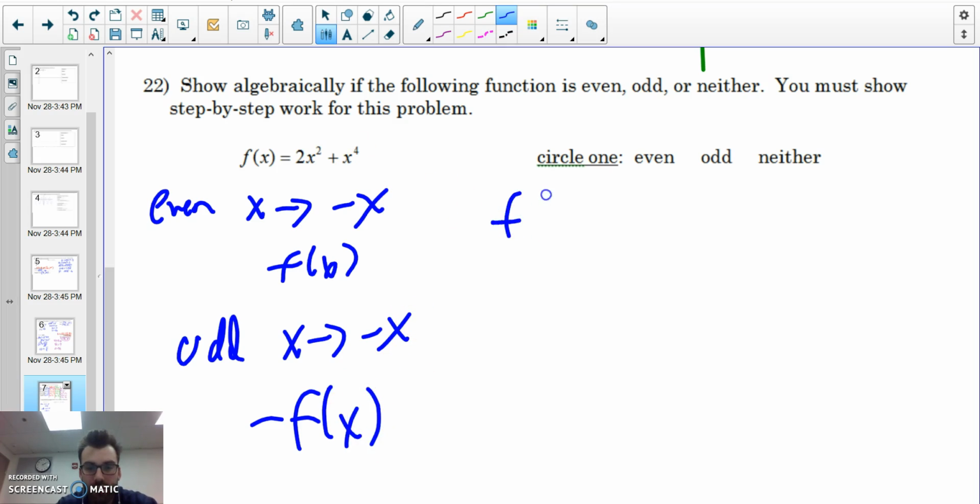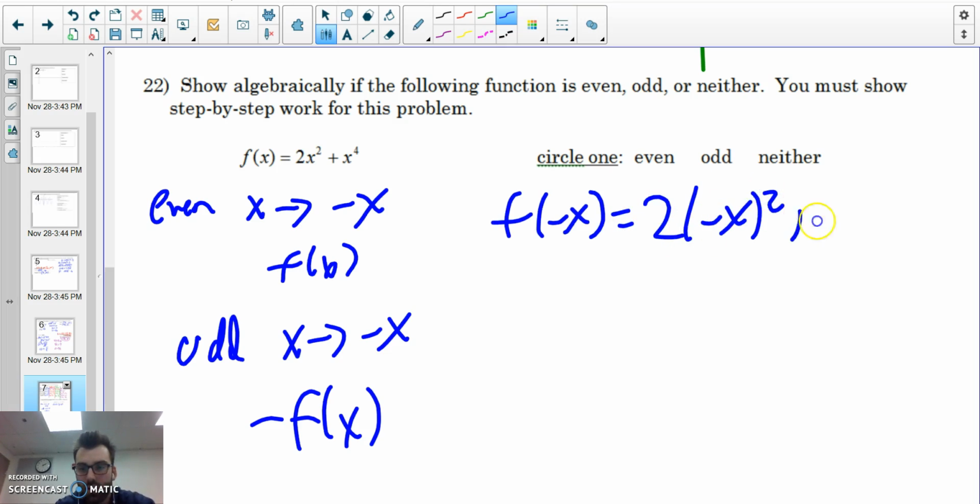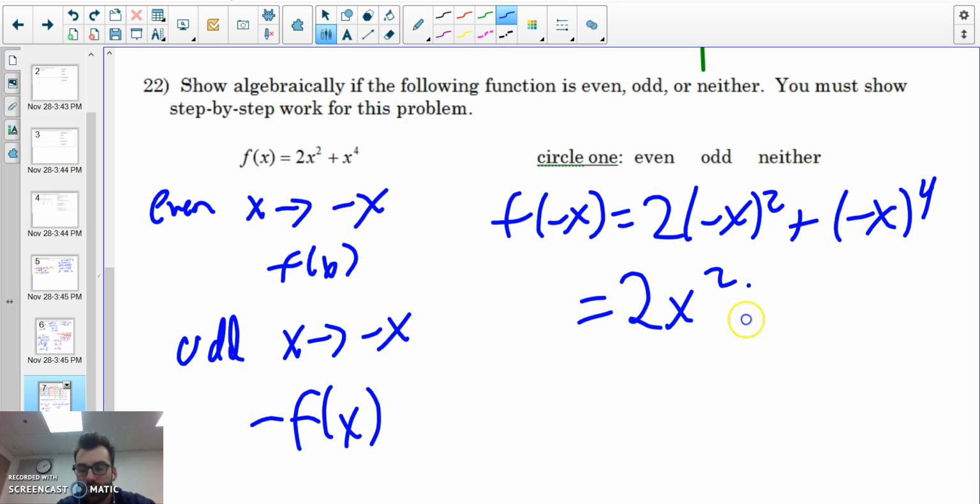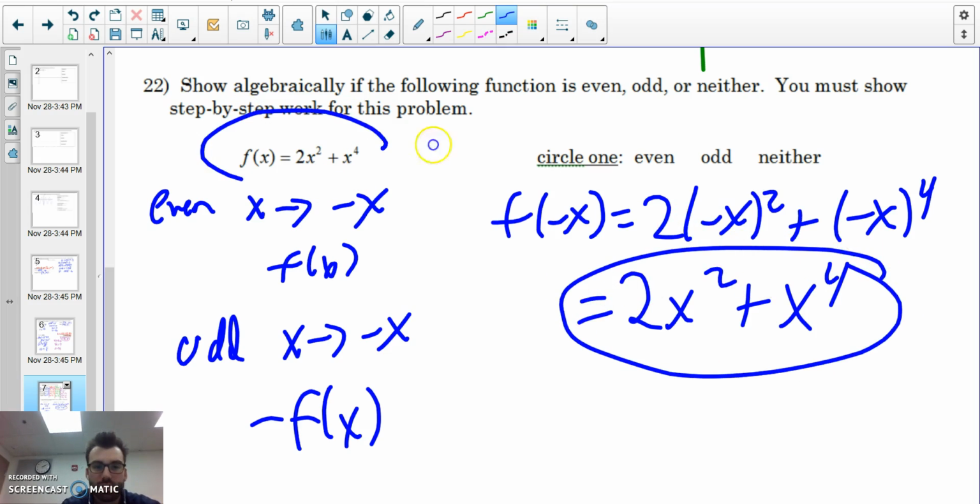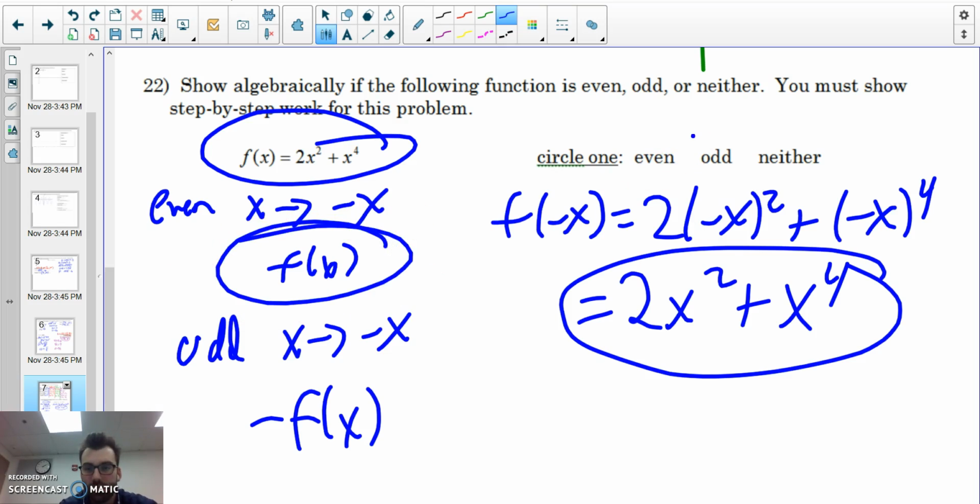So if I take f of -x here, that's 2 times -x squared plus -x to the 4th. Well, anytime I square a negative, it becomes positive. So this is my original, which is my f of x, so it's even.